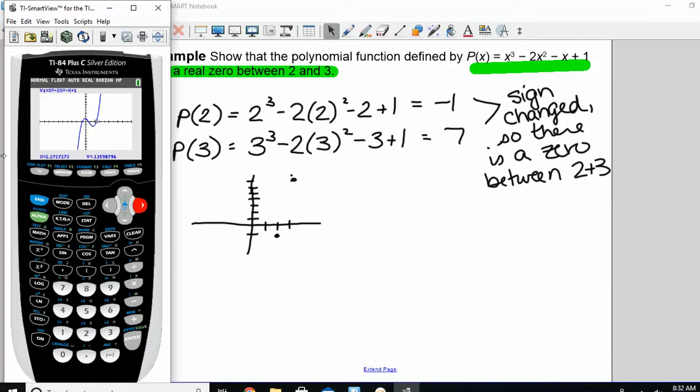So it looks like it happens at about 2.2, 2.3 if I'm using my trace. That's when it's on the x-axis. Does anybody need me to help you see that on your calculator? Show you where the trace is or how to use it? Any questions on that?